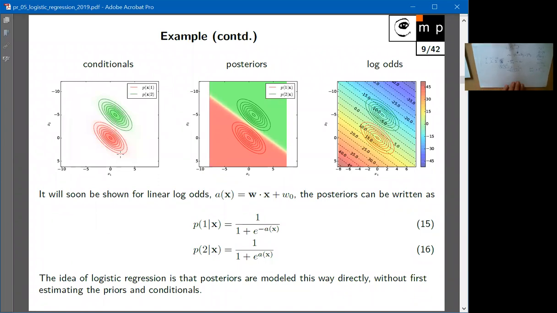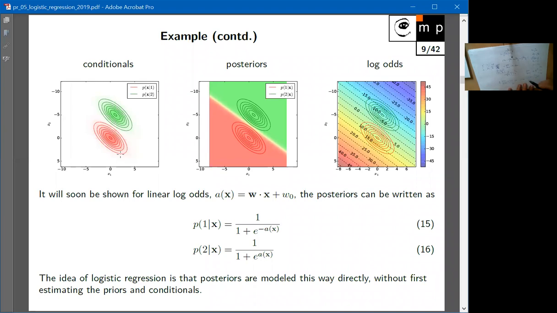By the way, if someone tells me that our log odds, so logarithm p1x over p2x, is a linear function, then we'll see in a minute that the a posteriori probability has to follow something which some of you have seen, and that's this.